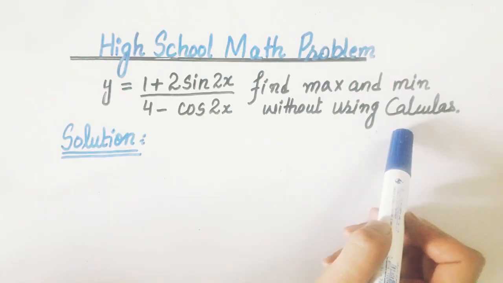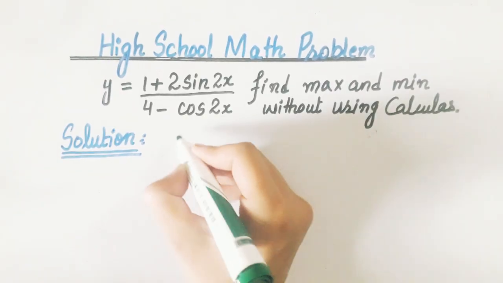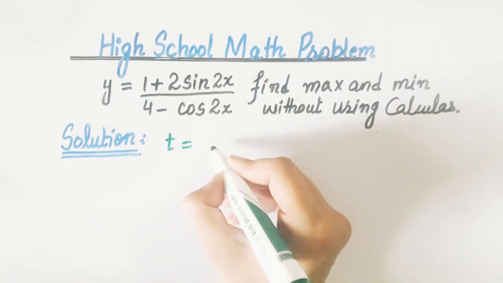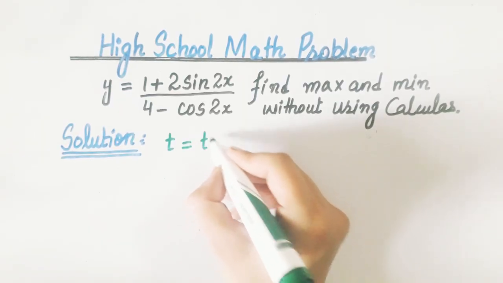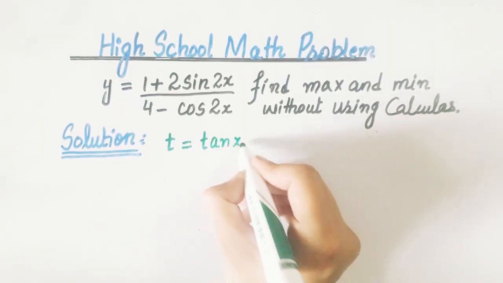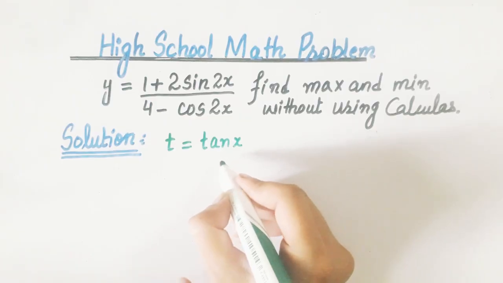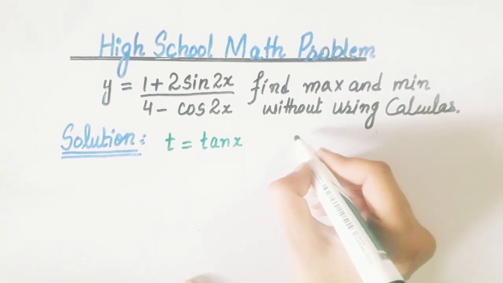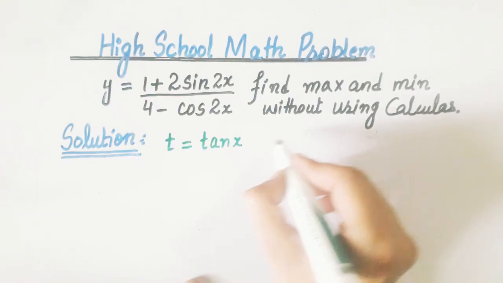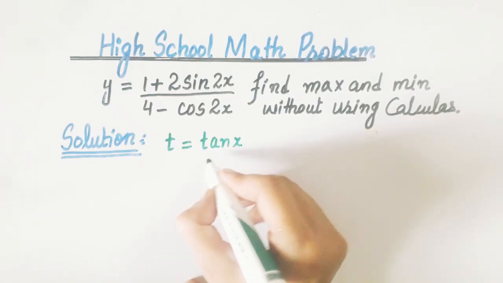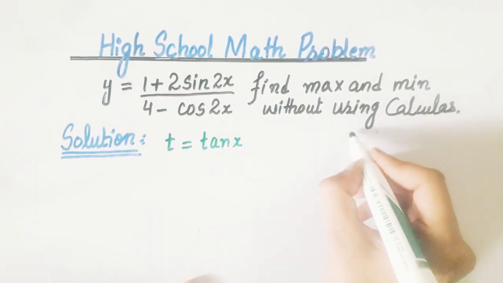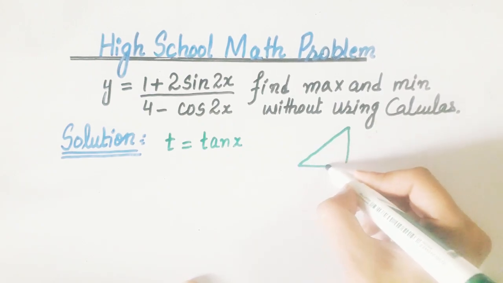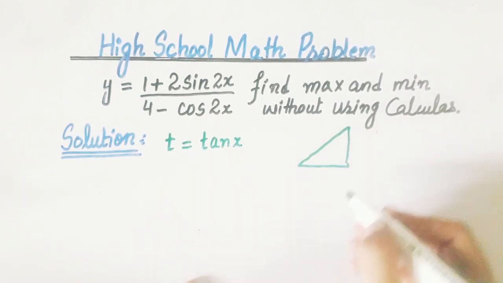For this purpose, first of all, let's suppose t equals tan x. This is the substitution method. So we will make a right angle triangle to elaborate how we consider t equals tan x.